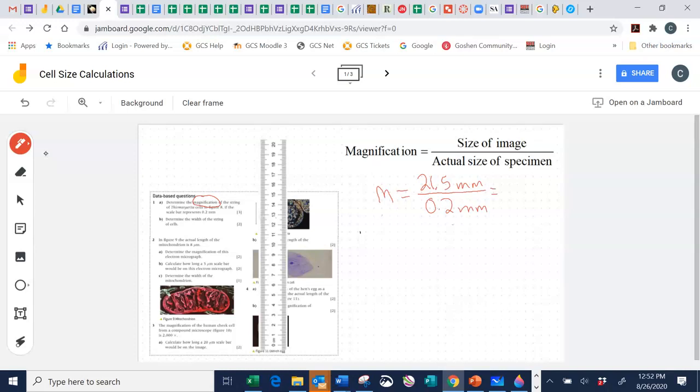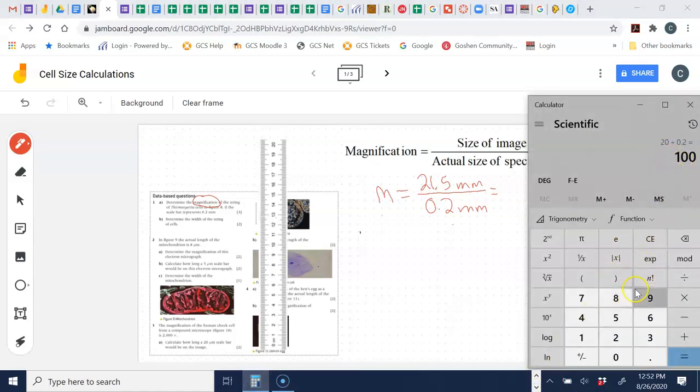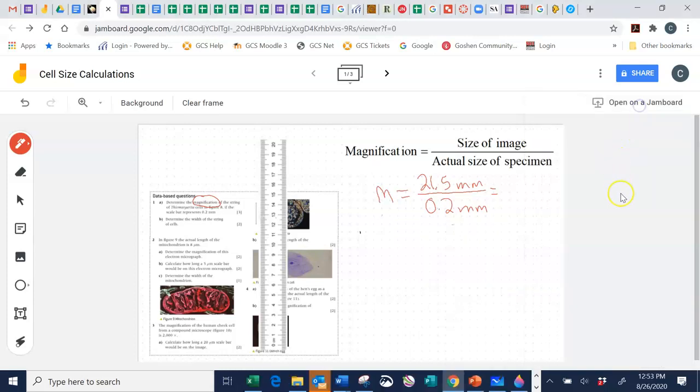My units are the same, so I'm good there. My next task is to get out my calculator, and I'm going to take 21.5 divided by 0.2, and I end up with my answer of 107.5. So this image has been magnified 107.5 times. Okay, so that would be my work for 1A.